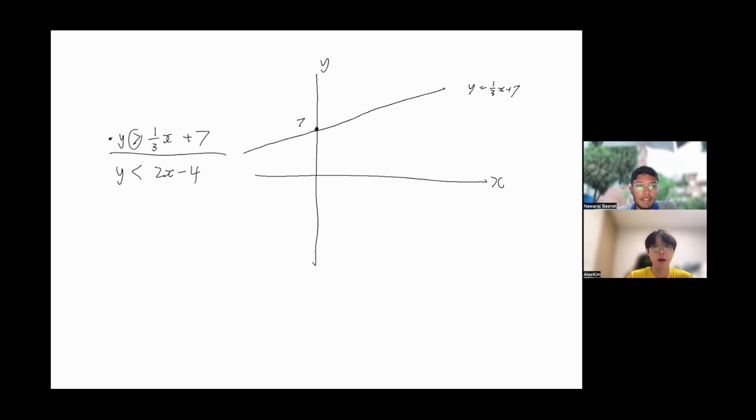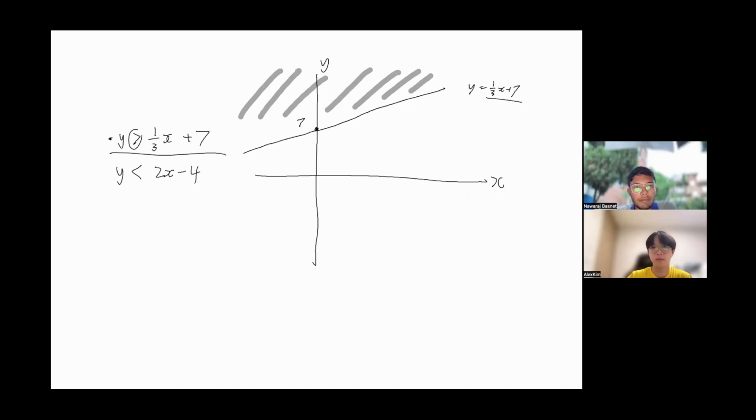When y is equal to this value, it is this line. But when it's greater, it will be the part that is above. Do you understand? If it said, for example, y was less than 1/3 x plus 7, it would be the bottom area.